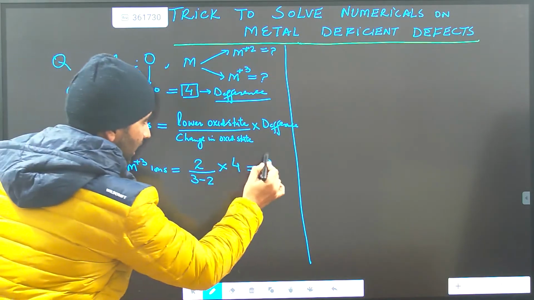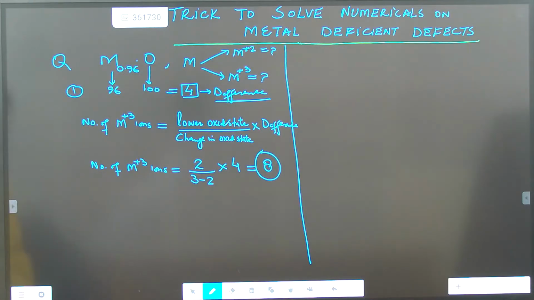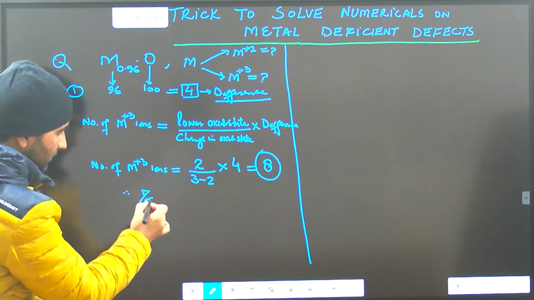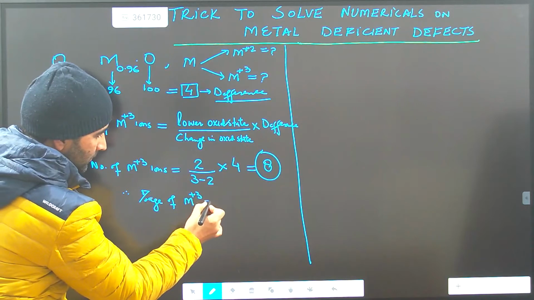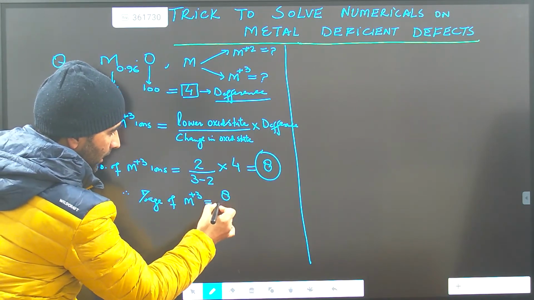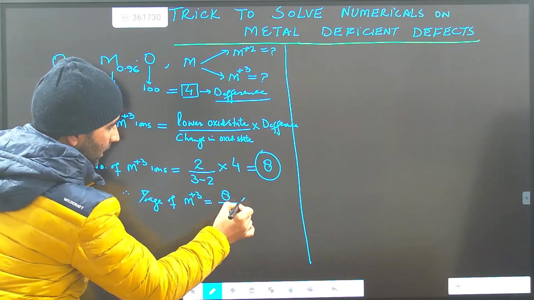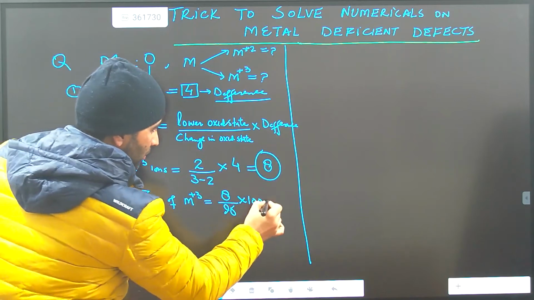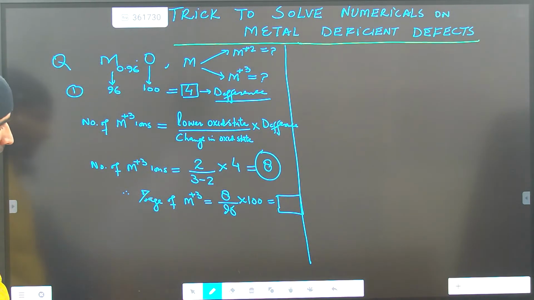So that means there are 8 M plus 3 ions out of 96 total metal ions. Therefore, you can calculate the percentage of M plus 3. That will be equal to 8, ये हैं 8. Total में metal ions कितने हैं? 96 into 100. And this way you will be easily able to find the answer of this question.